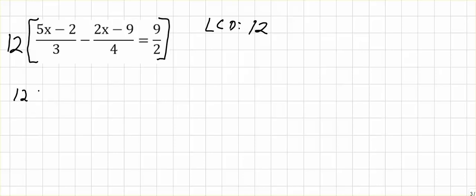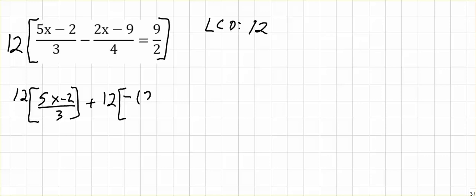12 times 5x minus 2 all over 3. Plus, so that's the first term we're working with. Now we're going to work with the next. Again, we'll multiply by 12. Minus, I'm going to put this in parentheses so that I don't lose that negative.